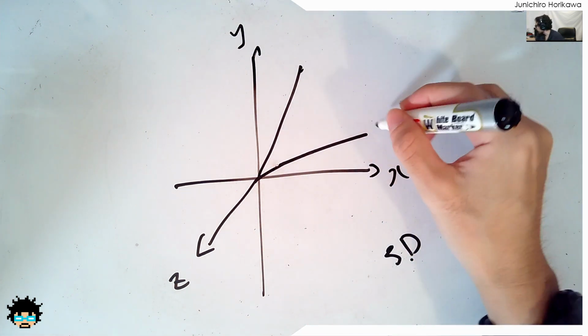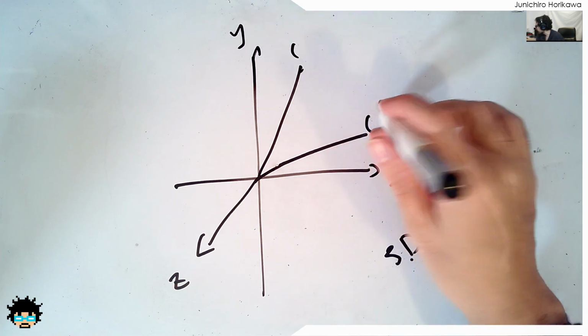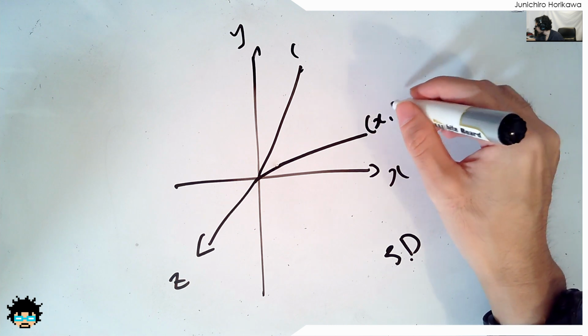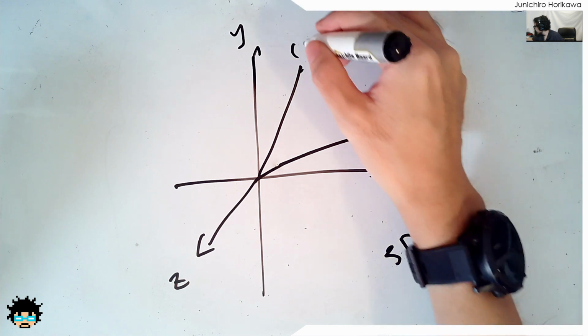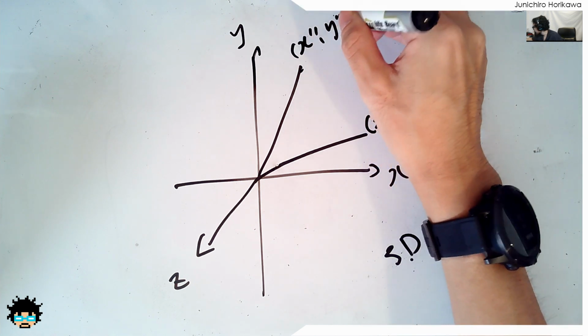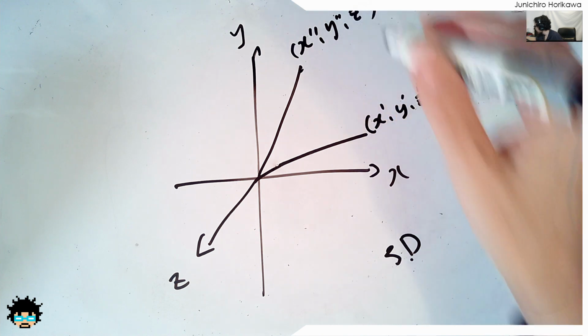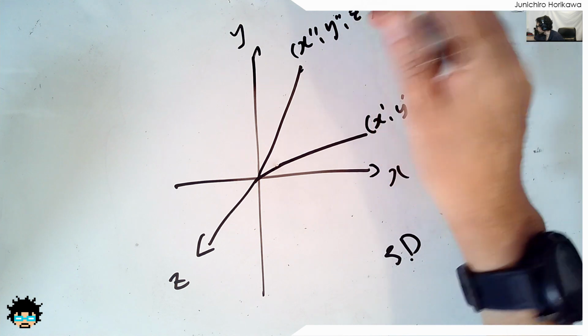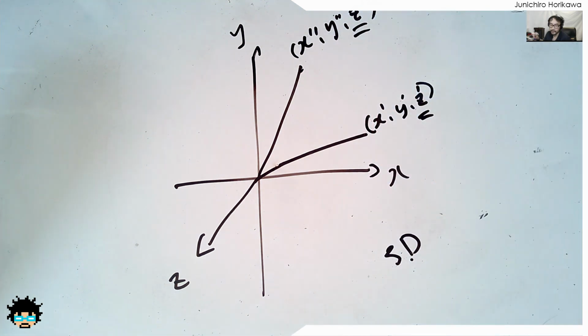The coordinate for each point could be x, y, z, and this one is x, y. So the difference is that we have an additional coordinate for z, which makes it a bit more difficult to estimate the angle between these 2 lines.